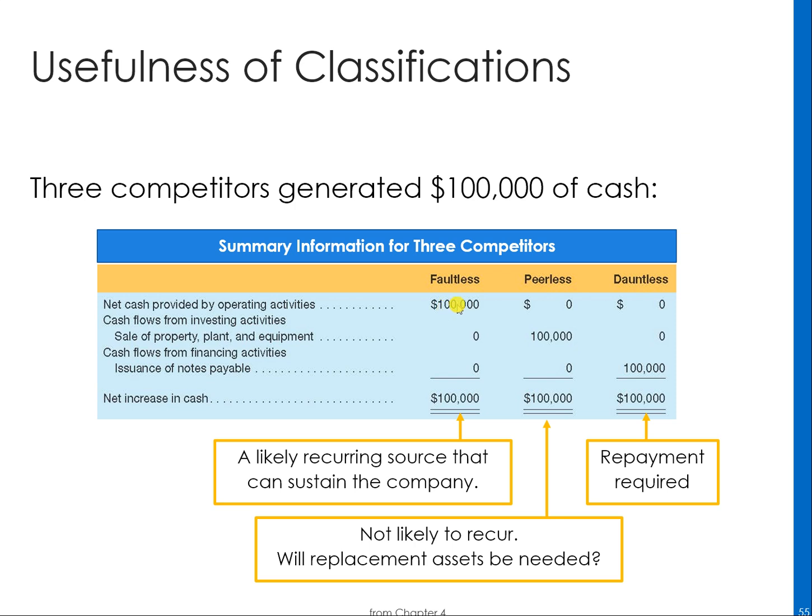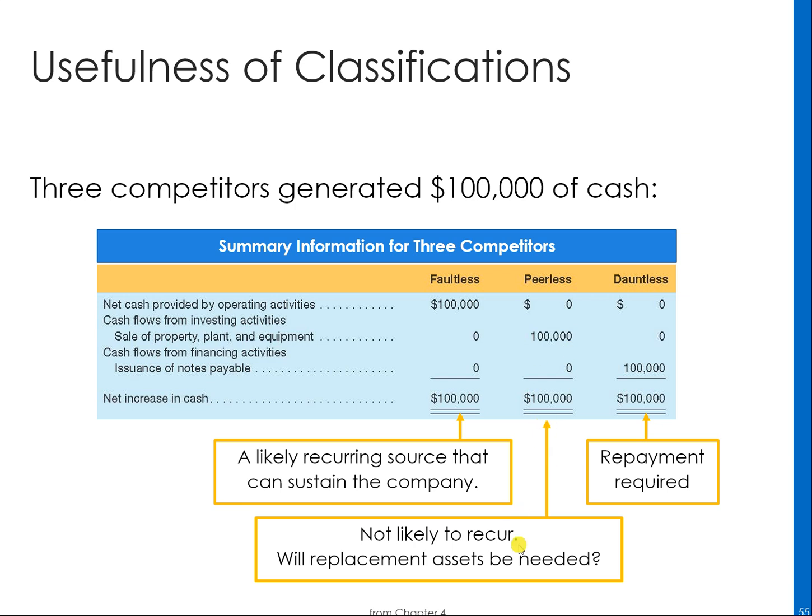For example, we have $100,000 cash provided by operating activities. We know it's good because it's likely to reoccur in the next period. It's sustainable. Next example, the same amount of cash provided from investing activities, mainly through the selling of PPE assets.